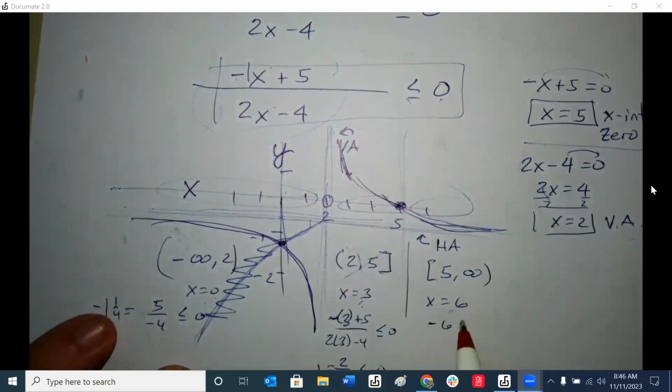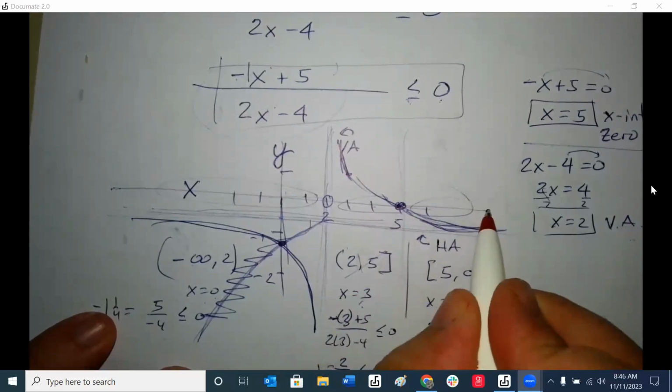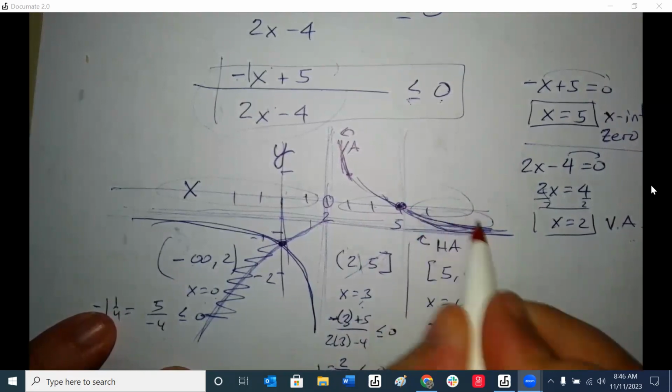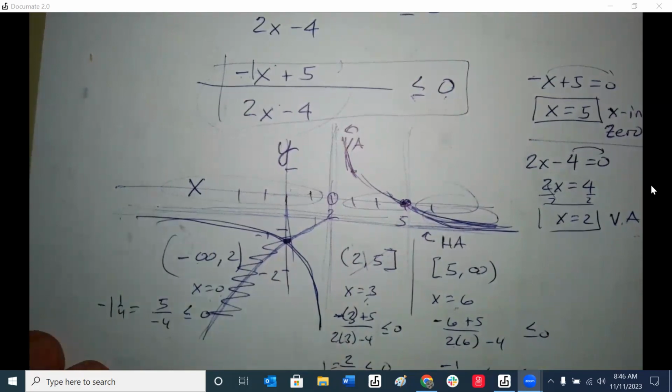It's going to have -6 plus 5, 2 times 6 minus 4, -1 over 12 over 8. Yeah, so this one works. So it's below the x-axis, but above the horizontal asymptote. So that's that little spot there. And this one here is everything from there.